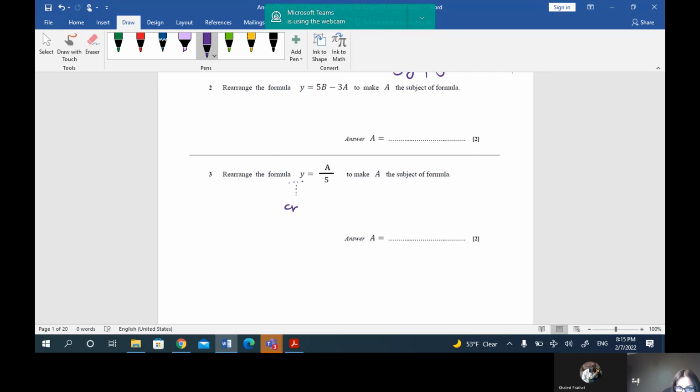And we can cross multiply. So a times 1 is a, equals y times 5. So it will be a is equal to 5y.